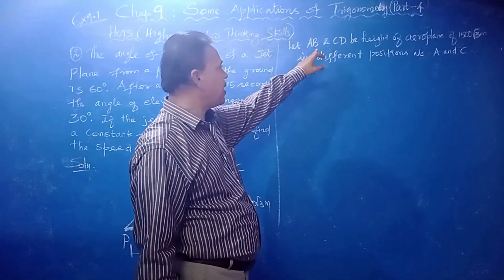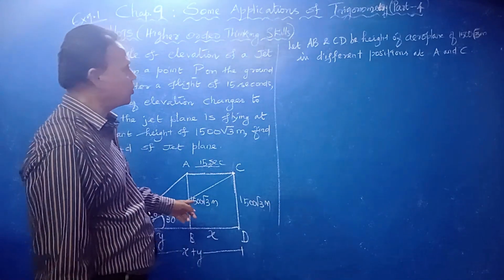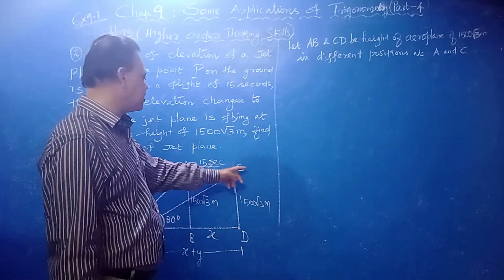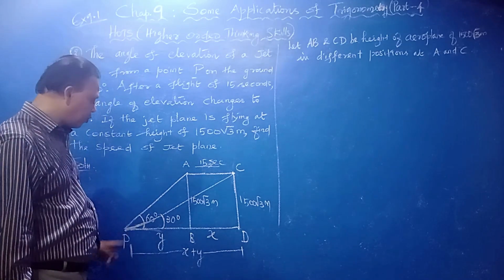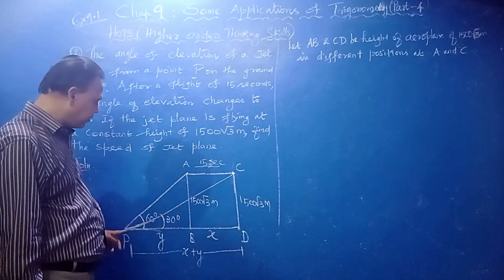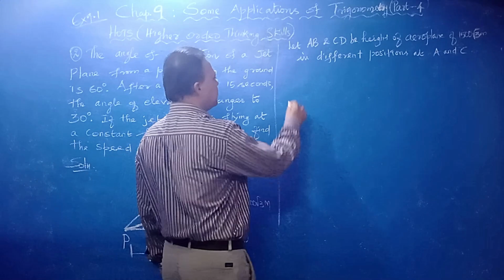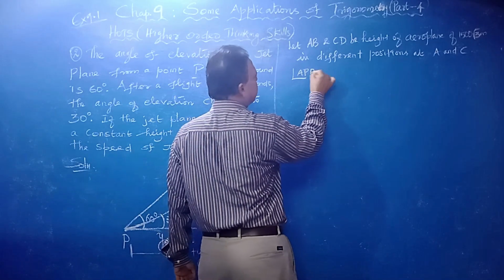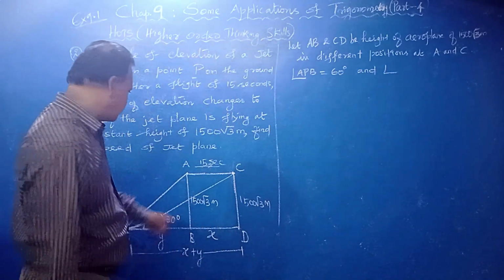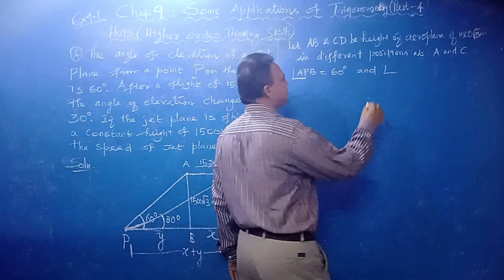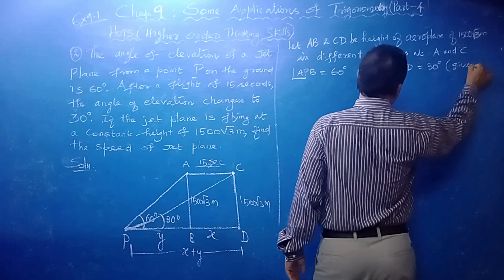Now let AB and CD be the height of the airplane, 1500 root 3 meters. Both will be in different positions, at A and C, after 15 seconds. Now the angle of elevation is given correctly. Angle APB is 60 degrees and angle CPD is 30 degrees. It is given as the angle of elevation.